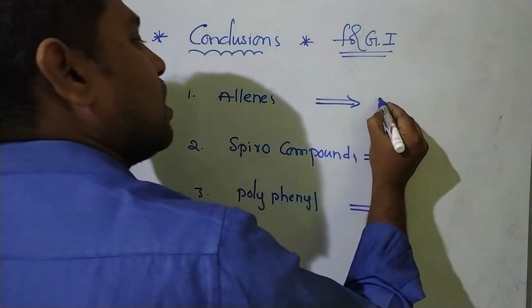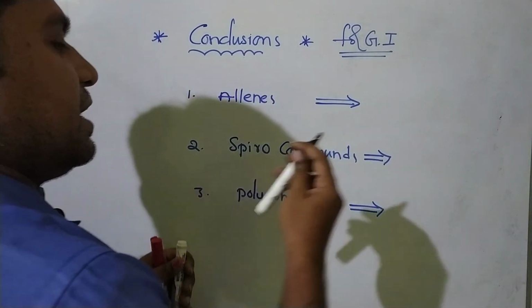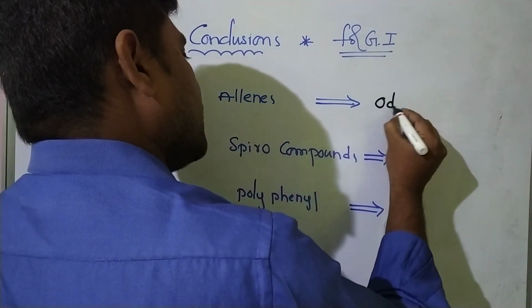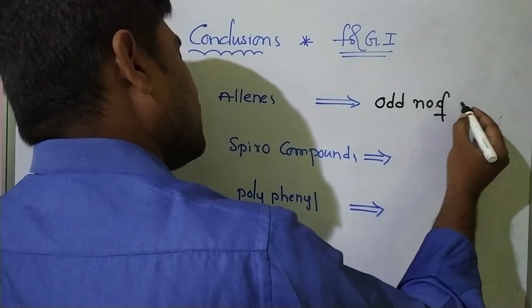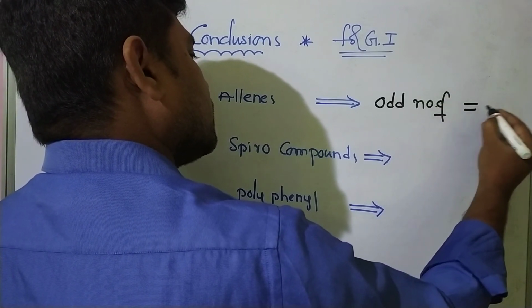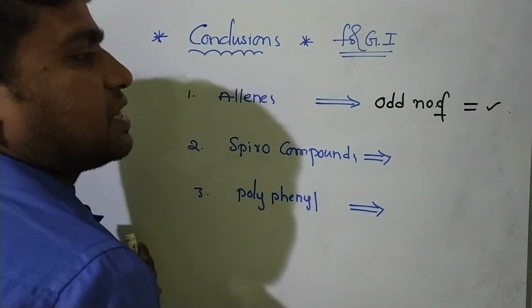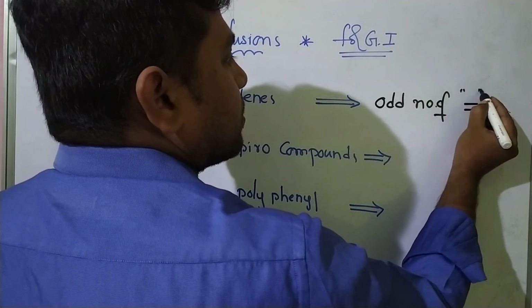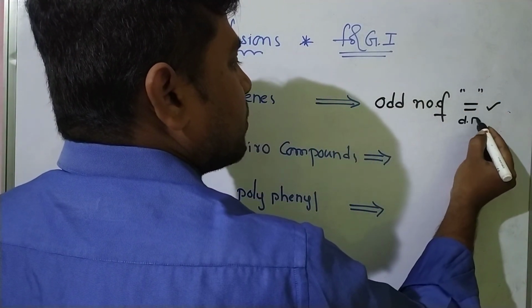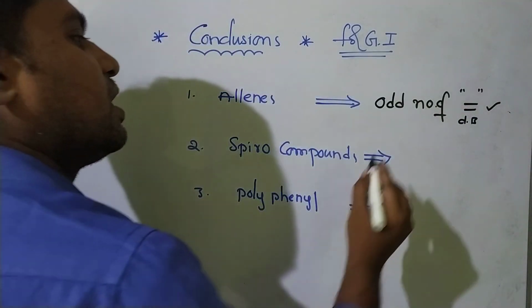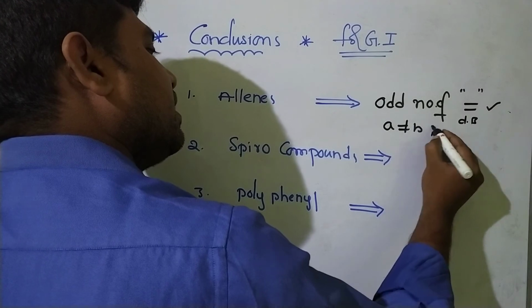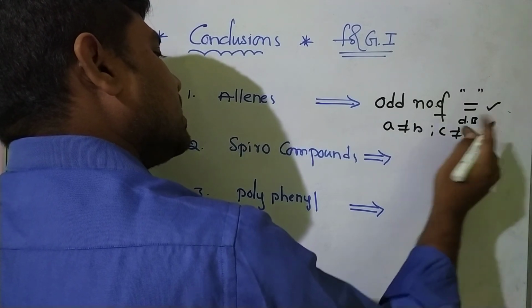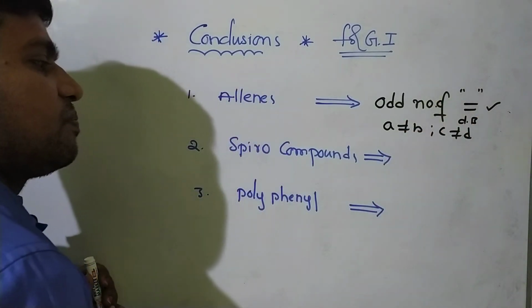Allenes: an odd number of double bonds is compulsory. So that is the main requirement. Here A and B, C and D, with an odd number of double bonds, and A not equal to B and C not equal to D. Terminal groups must be different.